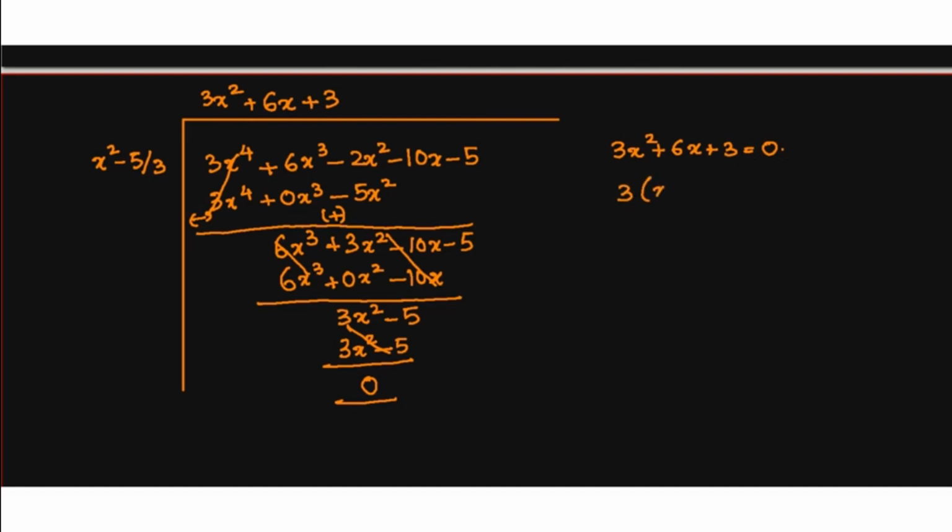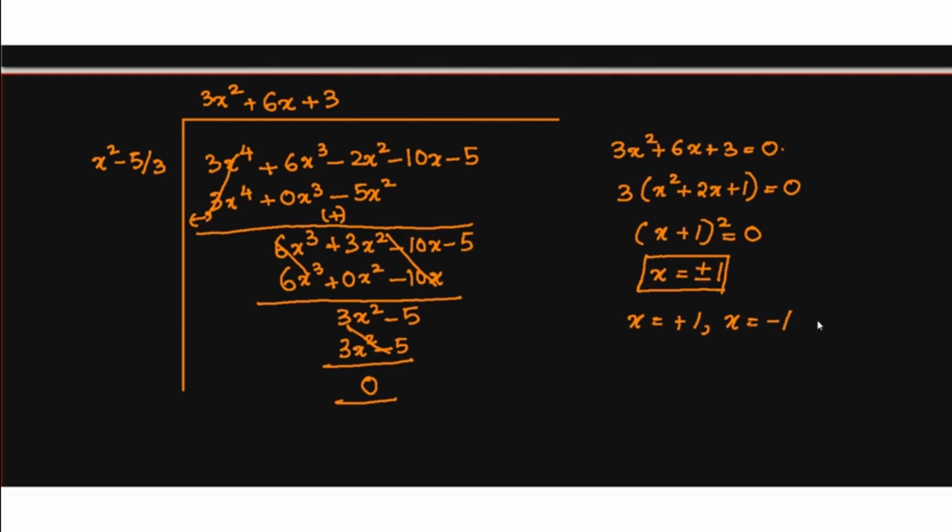Taking 3 as common, x square plus 2x plus 1 becomes 0. So x plus 1 the whole square becomes 0. So then x is equal to plus or minus 1. So the two zeros of the polynomial are x is equal to plus 1, x is equal to minus 1.